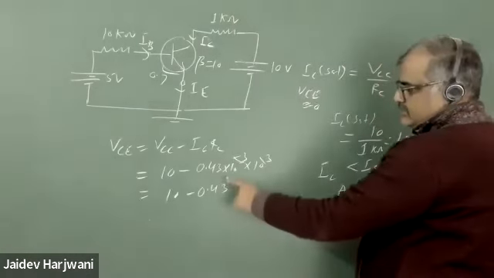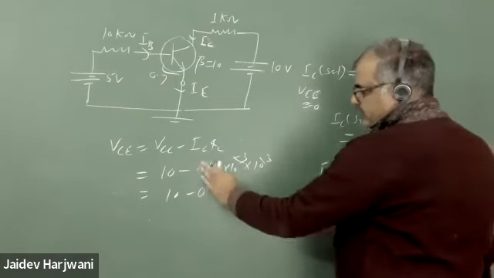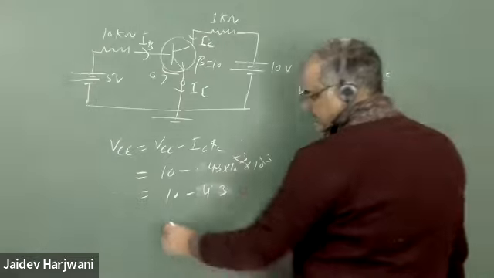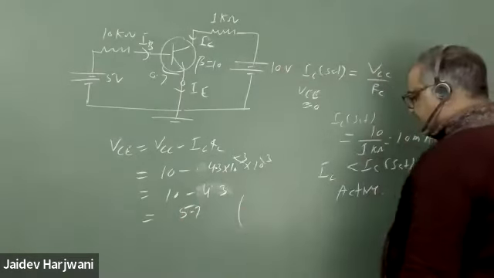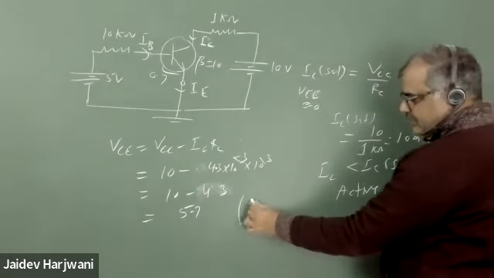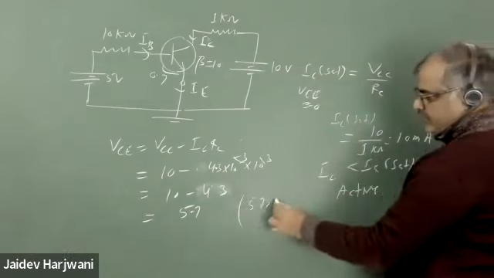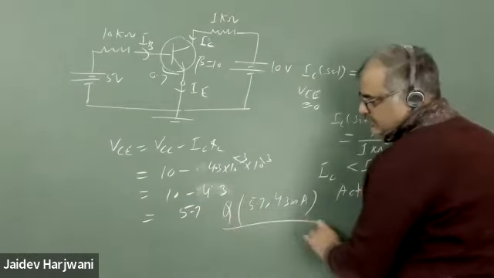Sir, that was IB, this was 4.3. Yes, 4.3, so that will come your 5.7. So your operating point is 5.7, and IC is your 4.3 milliampere.